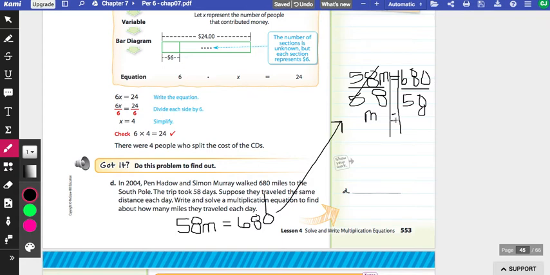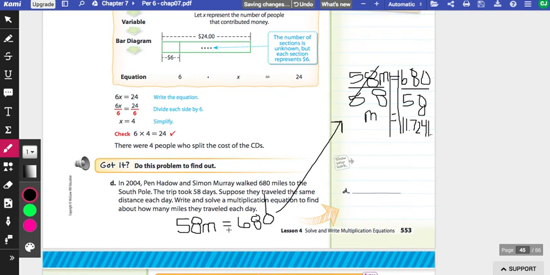And for the other side, I have 680 divided by 58, which gives me an answer of 11.7241 and a bunch of other numbers.